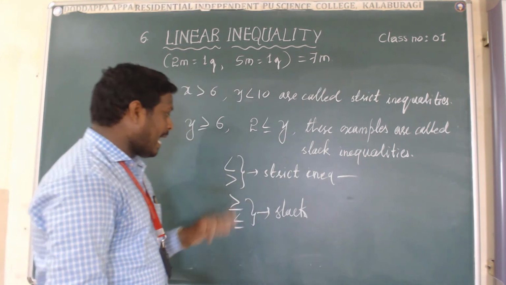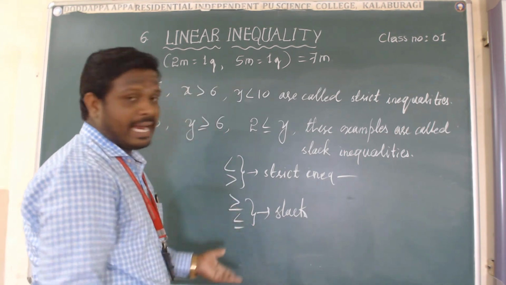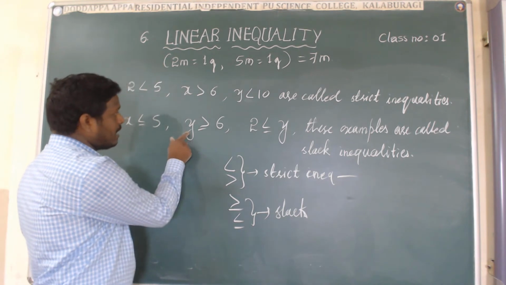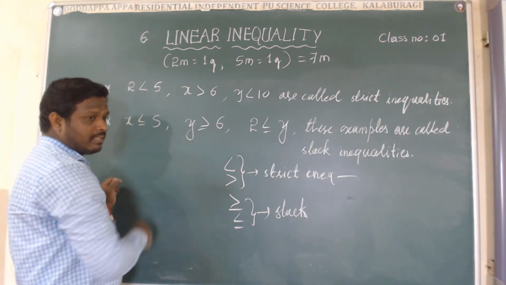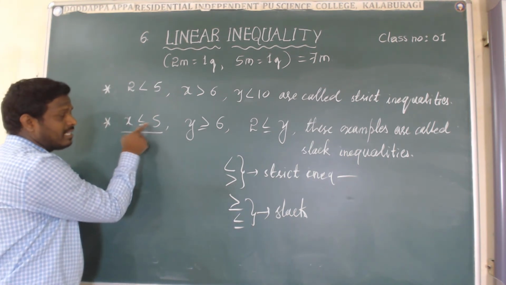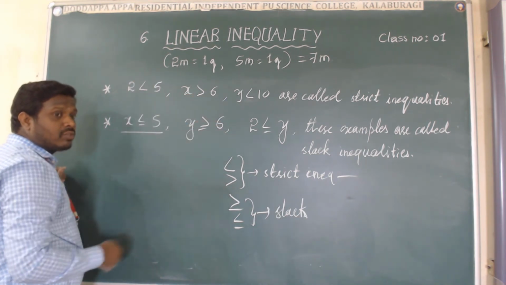What is the meaning of slack? Slack means a little bit loose or untight. So here sometimes the value of y equal to 6 will be coming, and also more than 6. The value of x is equal to 5 and less than 5 also coming.